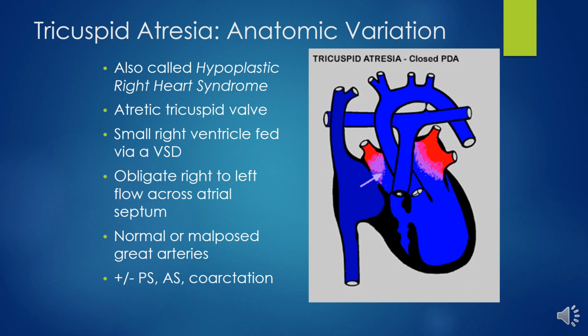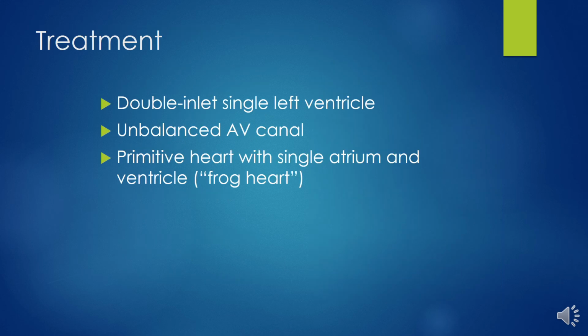Pulmonary or subpulmonary stenosis and subaortic stenosis. VSD size and the degree of obstruction often dictate the clinical presentation and management of tricuspid atresia.